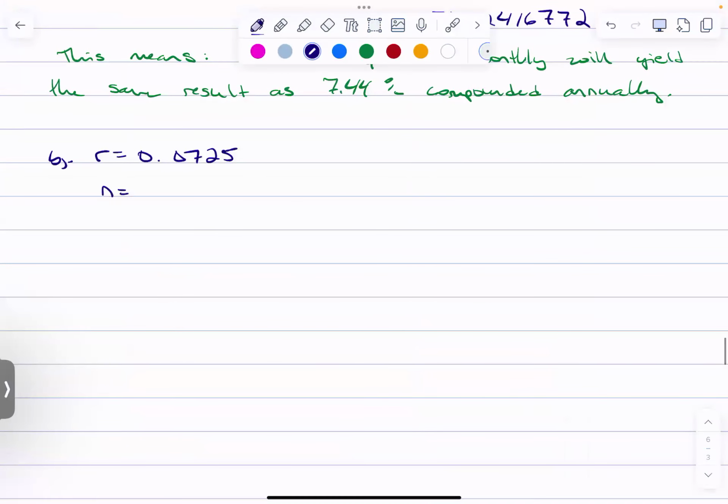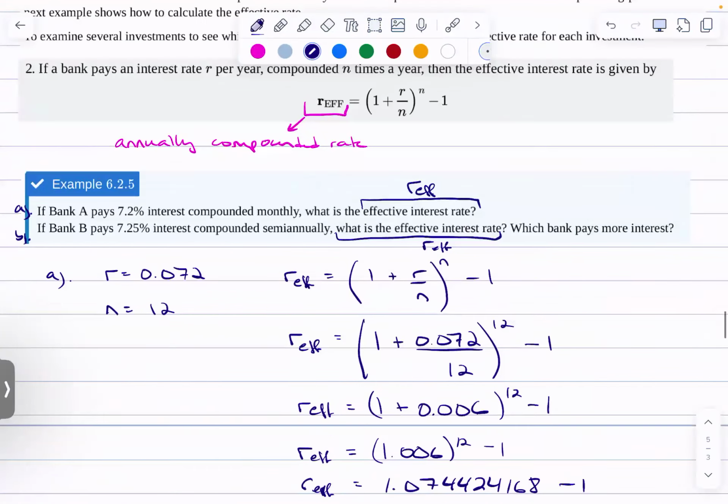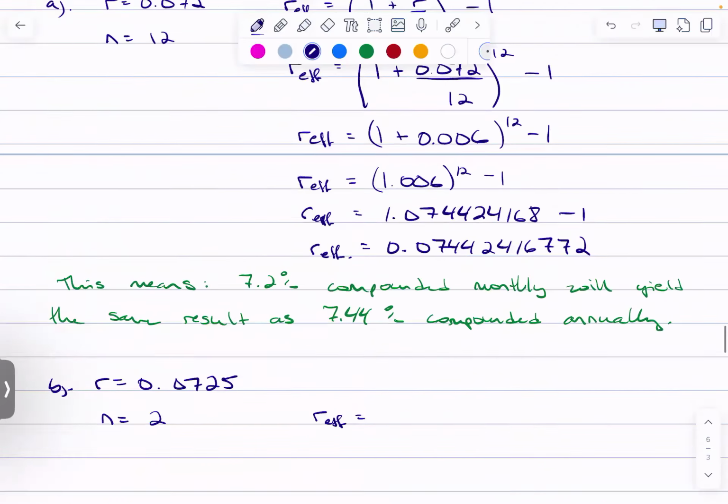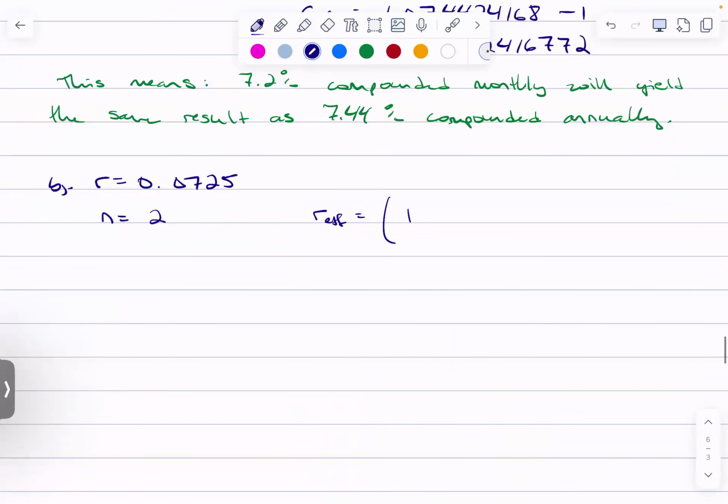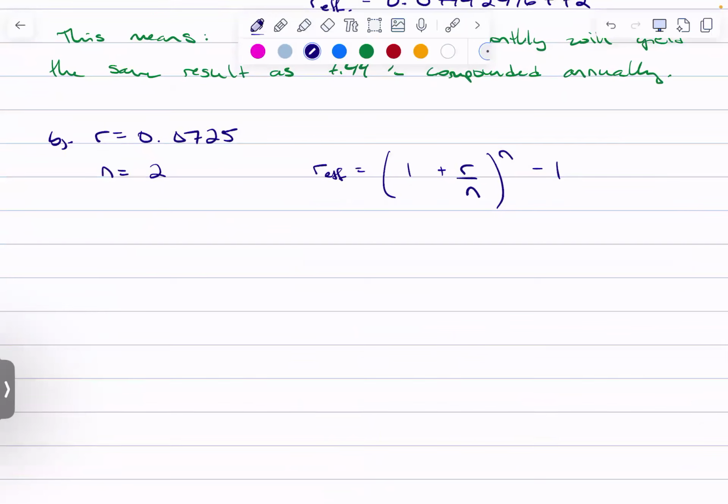And N is 2. The effective interest rate, what's the formula? 1 plus R over N to the power of N minus 1. One plus 0.0725 over 2 to the power of 2 minus 1.